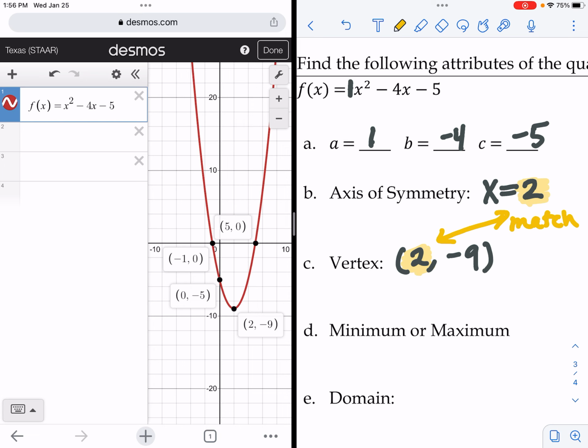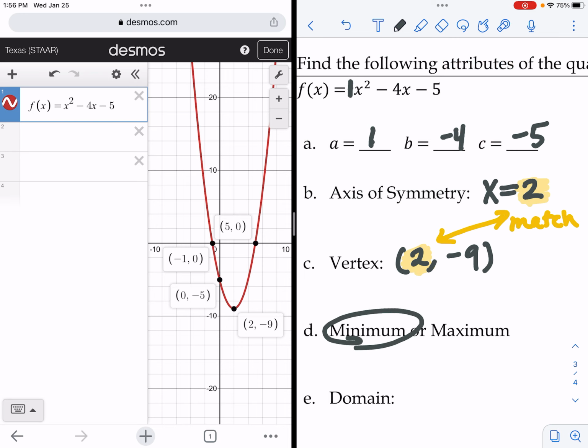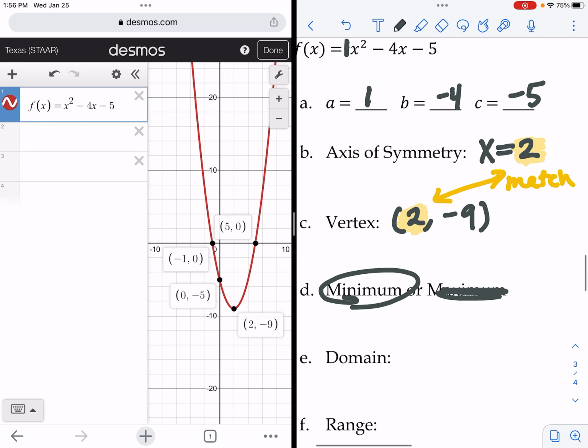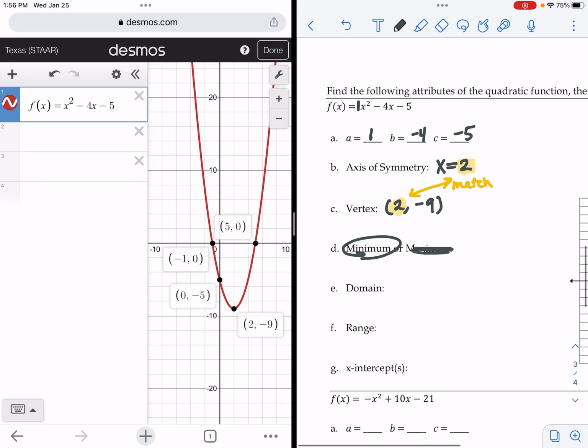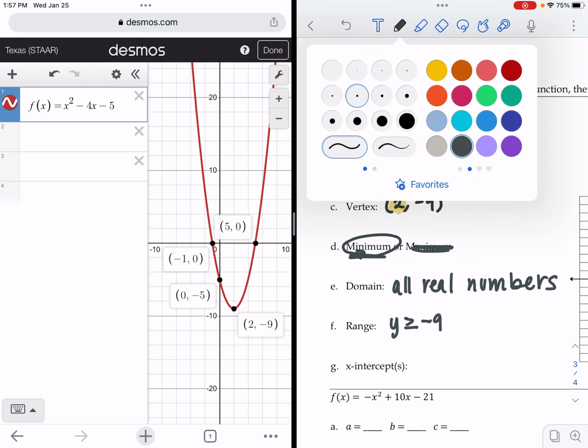Okay, because it's a happy parabola, we have a minimum, not a maximum. Domain is all real numbers all the time. And then the range, because this vertex was our minimum, we're going to have y is greater than or equal to the y value of the vertex.